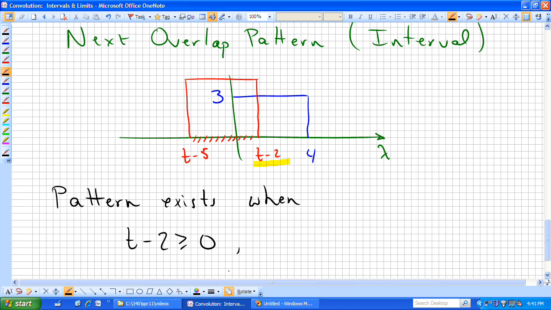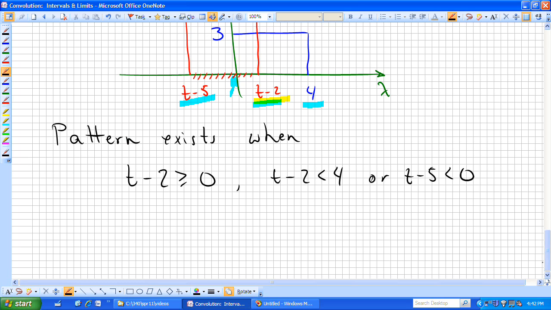We also see that this particular endpoint can't be crossing to the right of 4, and this endpoint can't be going through lambda equals 0. So we maybe don't see what's going to happen yet, so let's just write them all down and find out which of these conditions is going to happen sooner rather than later. We've said that t minus 2 needs to remain less than 4, or t minus 5 needs to be less than 0. Now let's just compute what these are.